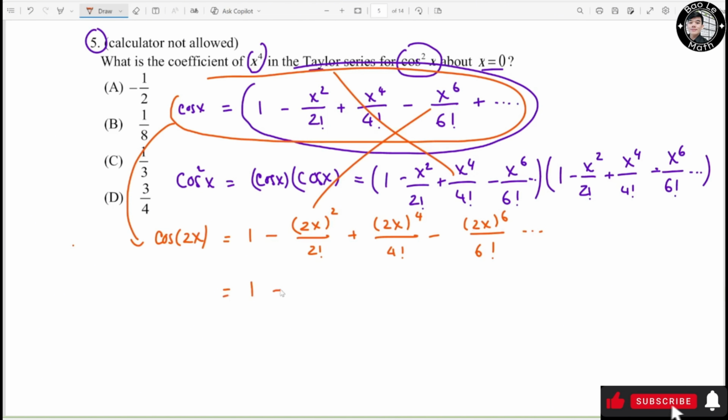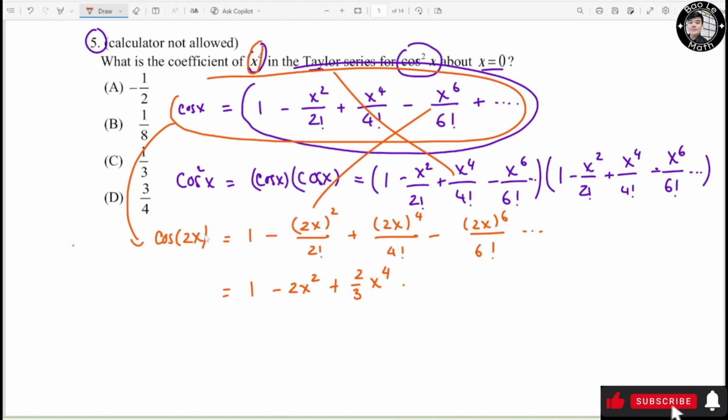It's going to be 1 minus 2 squared, that is 4 divided by 2, which is 2, so 2s squared, and 2 to the 4 is 16 divided by 24, which is 2 over 3 s to the 4. Since we only need the coefficient of s to the 4, we stop right here.